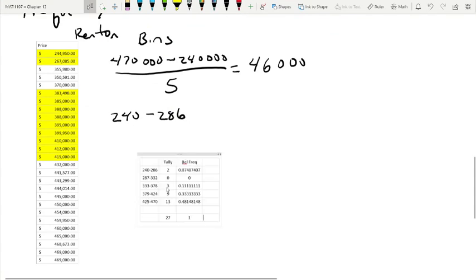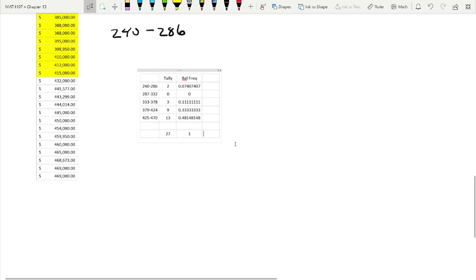And so if I put this in here, this is the frequency table for that set of data. So I had 2 numbers that were in between 240 and 286,000. There were no home prices in the range of 287 to 332,000, and so on. So I got in terms of how many were in each of the groups. And then the next one is the relative frequency.